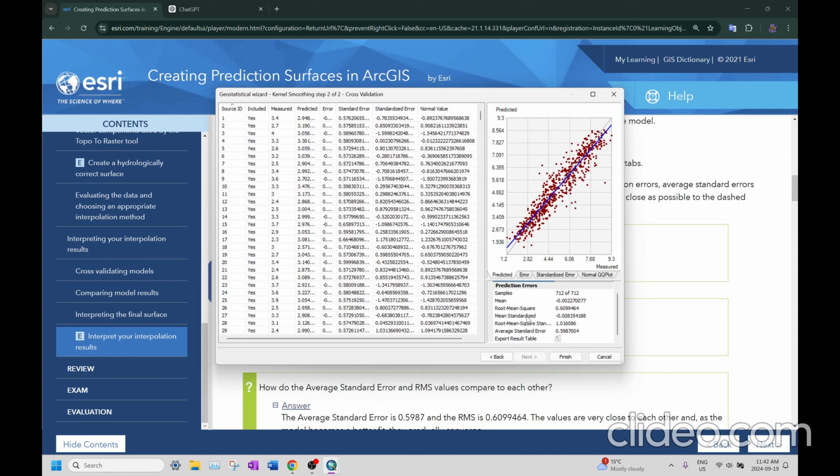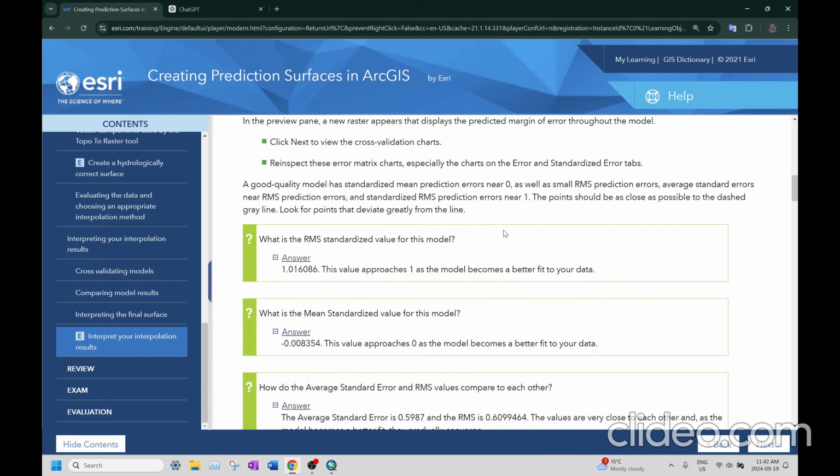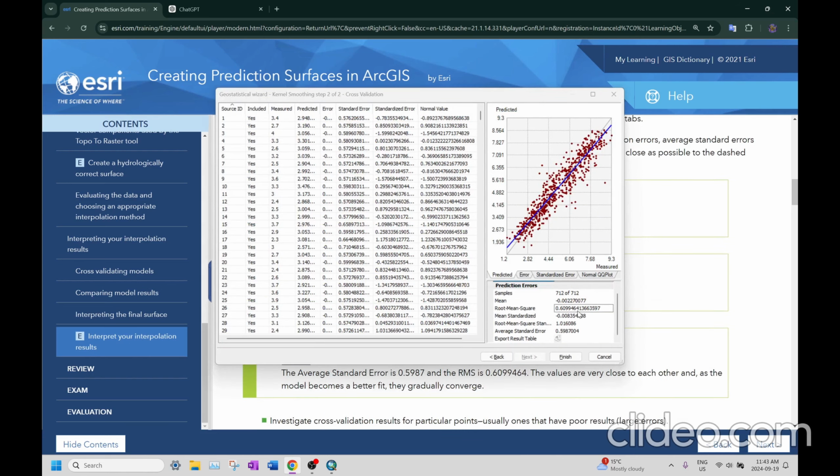Remember, it is called the mean standardized, close to zero. Also, the RMS, root mean square, must be close to the average standard error. And lastly, the root mean square standardized error close to one.